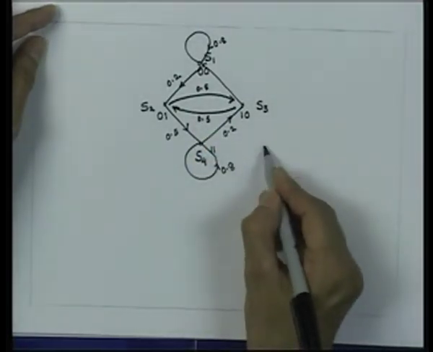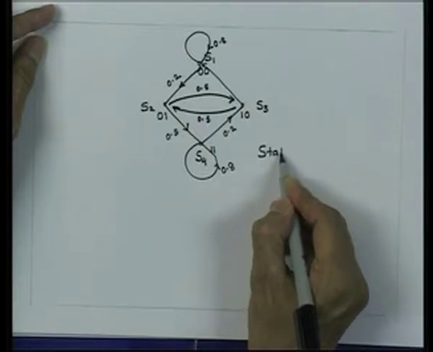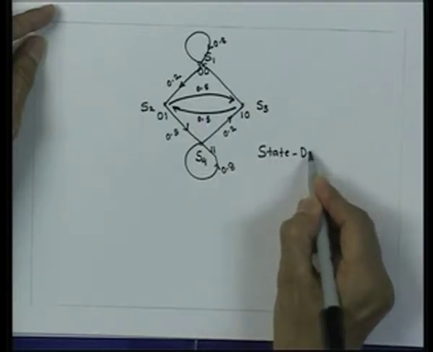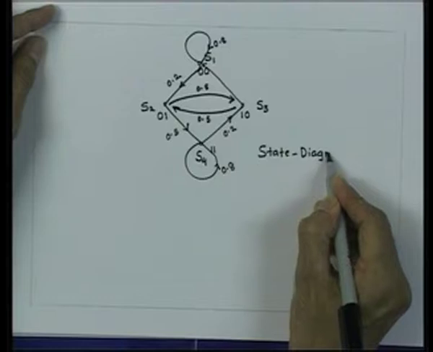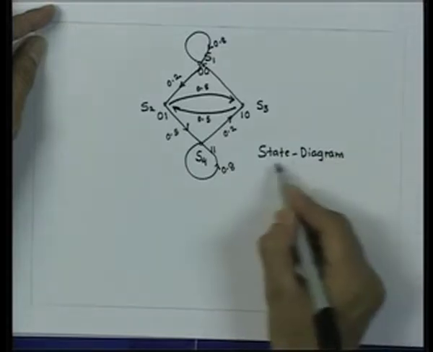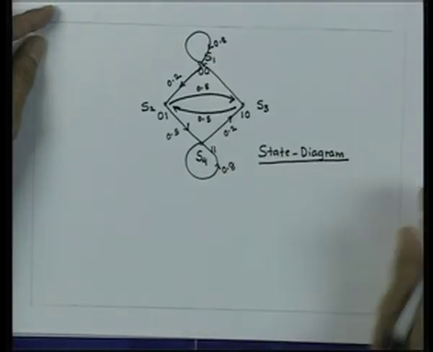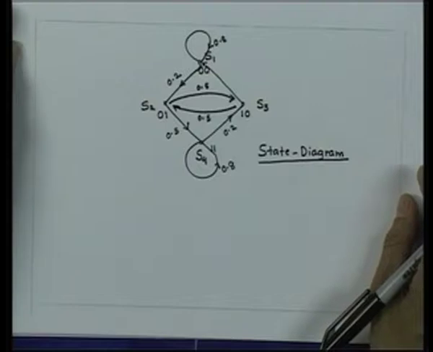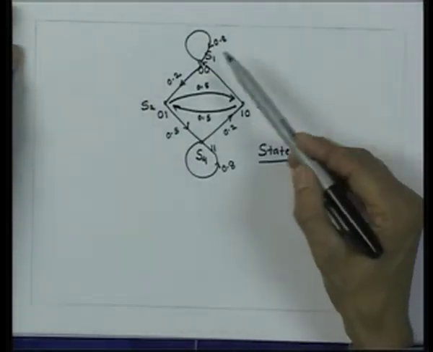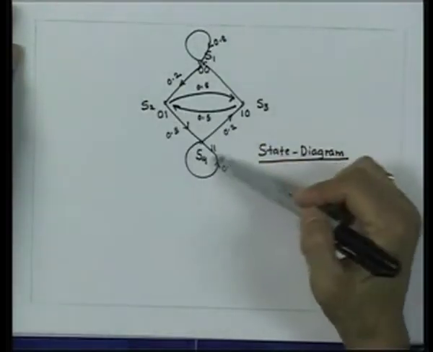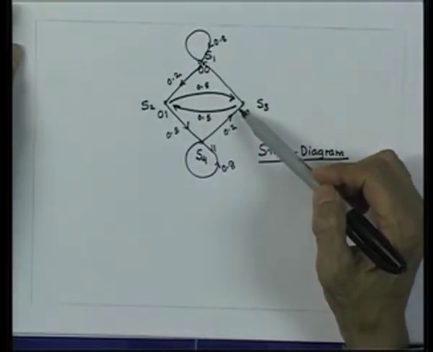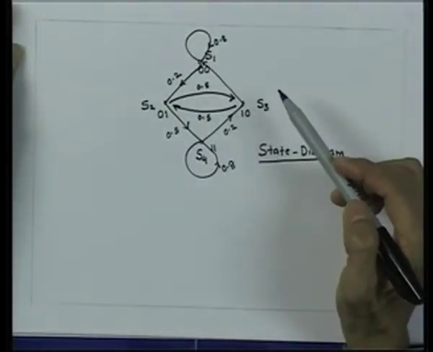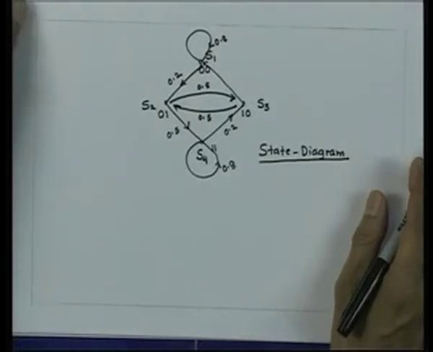So, this is my state diagram for our example under discussion. Now, if it is an ergodic Markov source, then I can find out the probability of these 4 states based on the conditional symbol probabilities. Let us look at that.